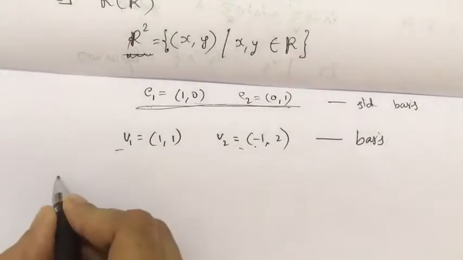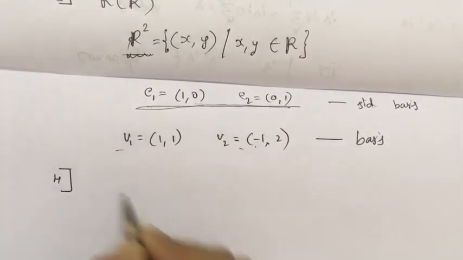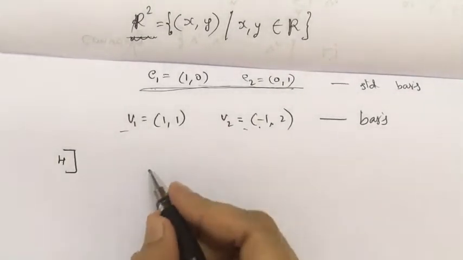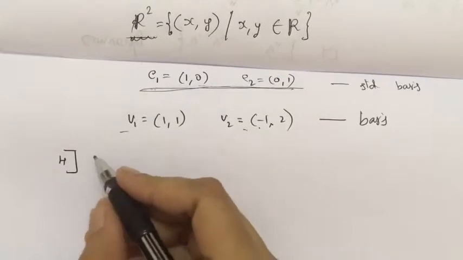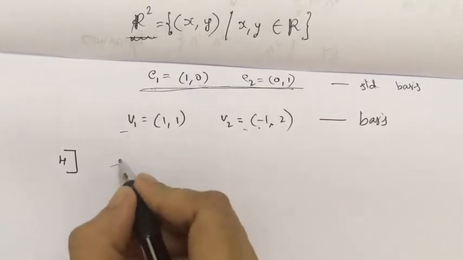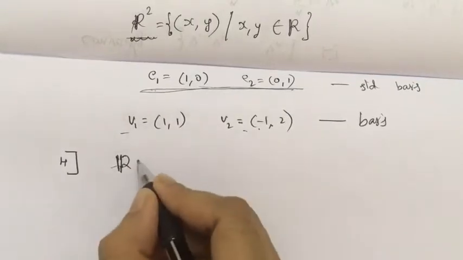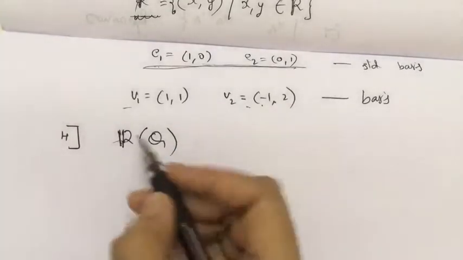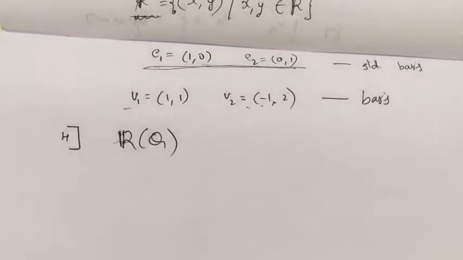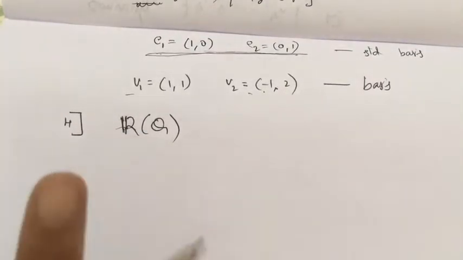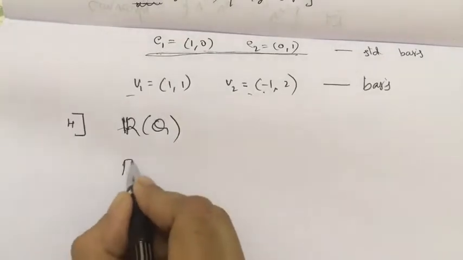And one more, last but not the least, suppose I have to find the basis for the set of real numbers over Q. I want to find the basis for R over Q. Now, see, first thing, I'll add 1 to my basis set.